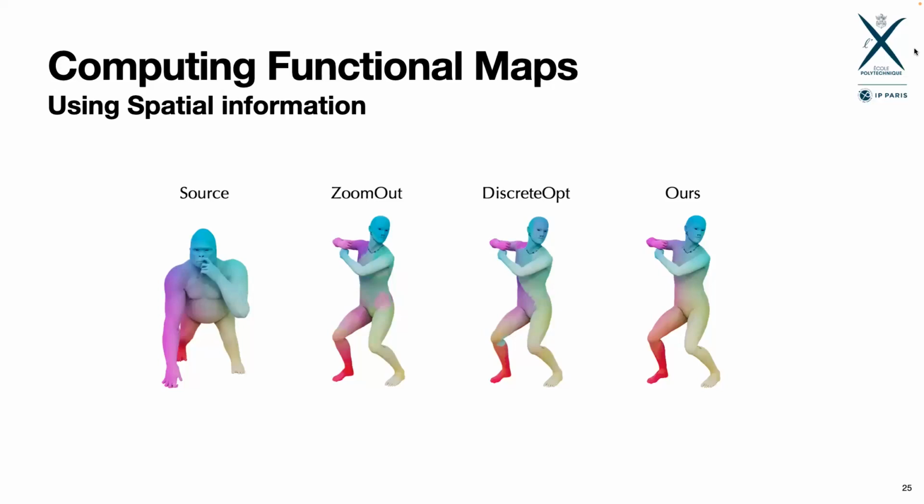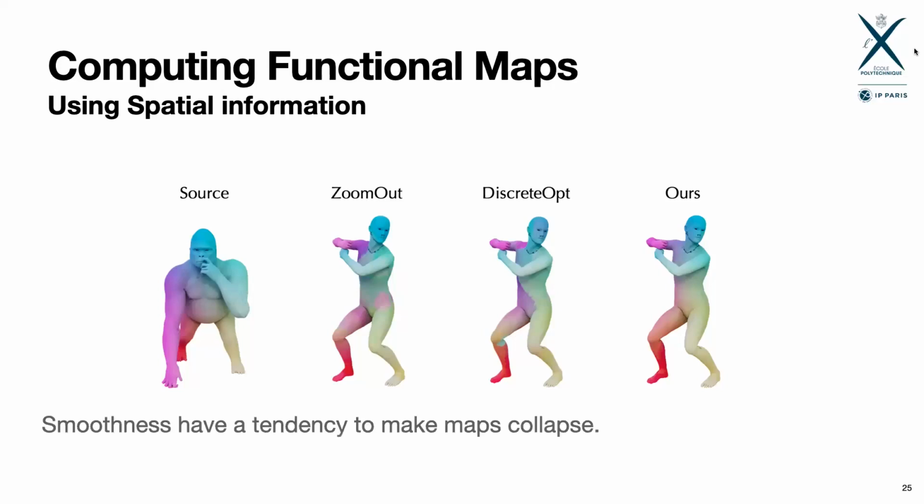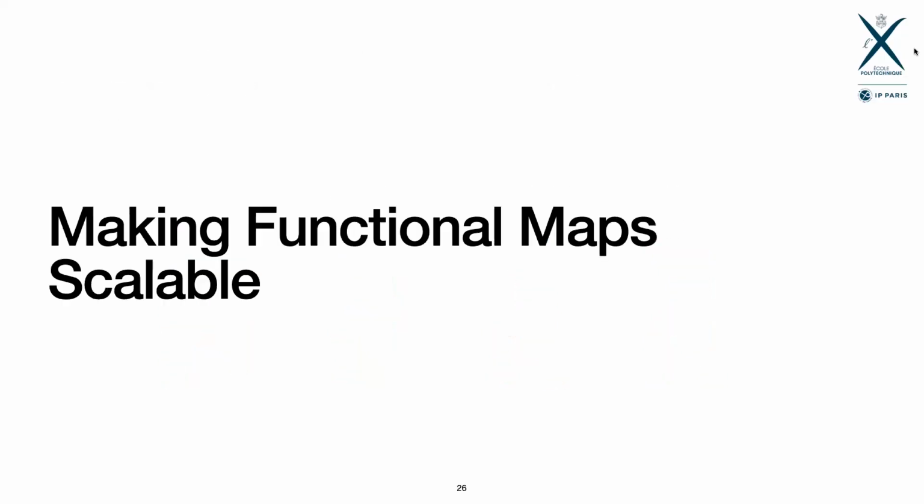I say this because if you add smoothness, usually you lose some area preservation or other good local properties; that's the cost of getting nice and smooth maps. But this is just way more complex in the algorithm, so I'm not going to go into details.